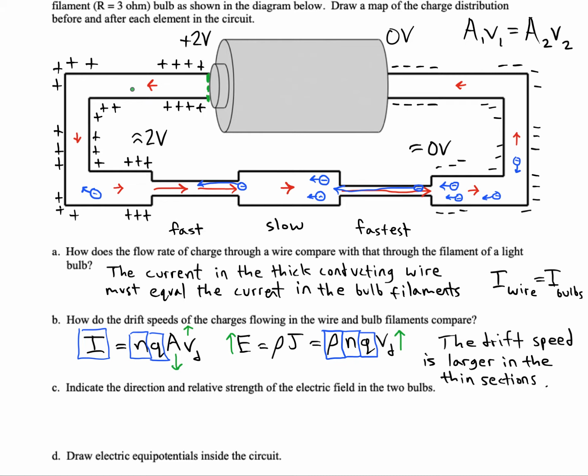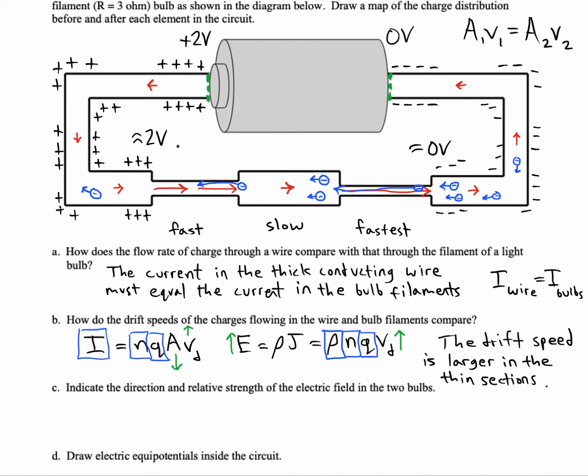Anywhere to the left of that is going to be a little bit less than 2 volts. That's not going to be much less, but it's a little less. Over here, we can have the 0-volt equipotential. And if we go to the right of that, we'll be at a little bit above 0 volts, but still pretty close to 0 volts.